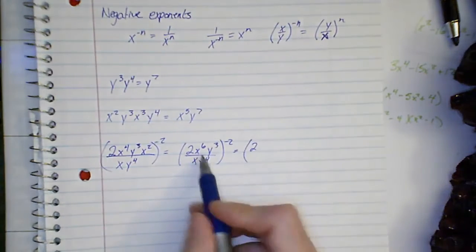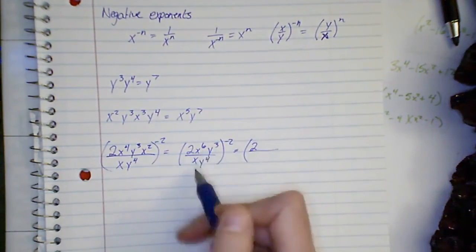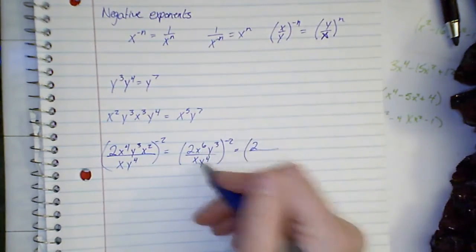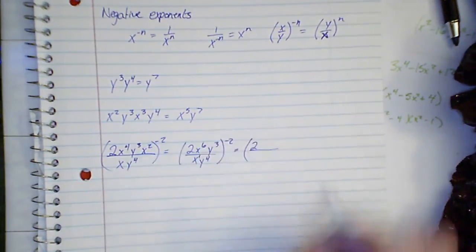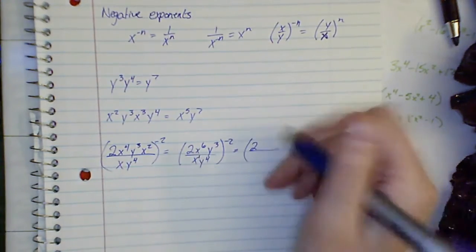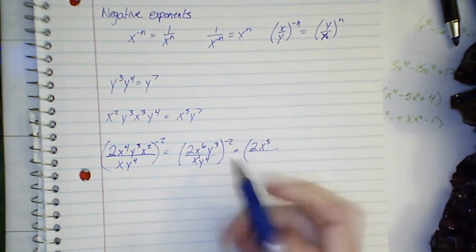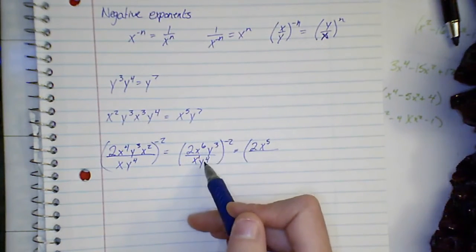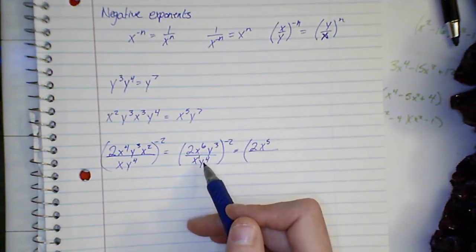Next, we can go across the division. So we have 6 minus 1. Remember, anything without a power is always to the power of 1. 6 minus 1 is 5, so it goes upstairs. Y to the third over y to the fourth. 3 minus 4 is negative 1, but there's a trick you can do.